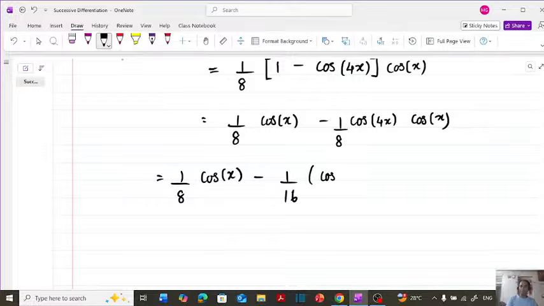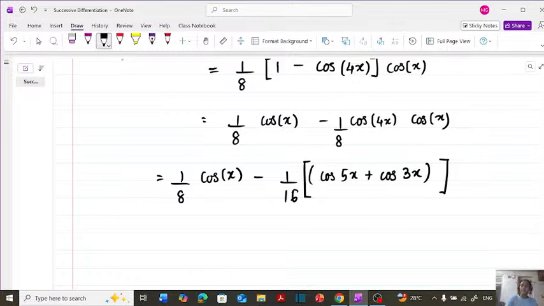So 1 by 16, and here it's going to be cos a cos b, so it's going to be cos 5x plus cos 3x.